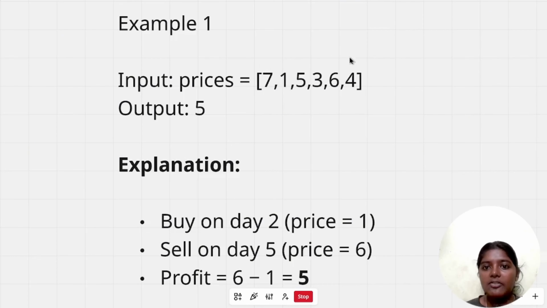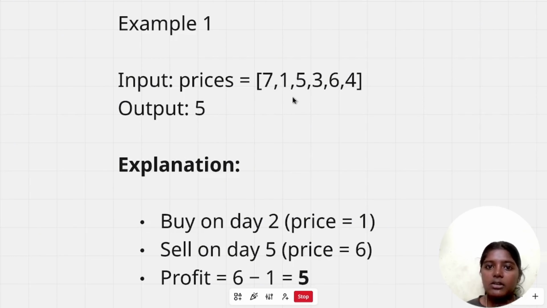On the right-hand side of 1, the greatest element is 6, which is on day 5. So on day 5 we are selling our stock. If we subtract 6 minus 1, we get 5. So we got our output.